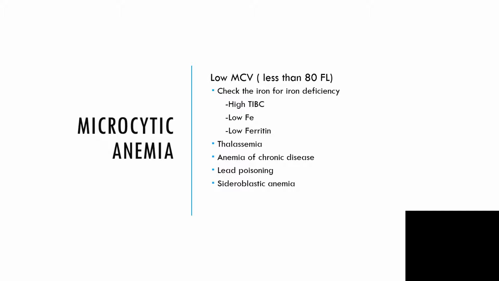Is there any rheumatoid arthritis, diabetes mellitus, any chronic disease, or kidney failure and so on? Where has this person been living? Does the type of job give exposure to lead poison? Are we dealing with lead poisoning here? We can easily assess the level of lead. Sideroblastic anemia, for the same purpose, just to be sure that we know the exact cause of the microcytic anemia.